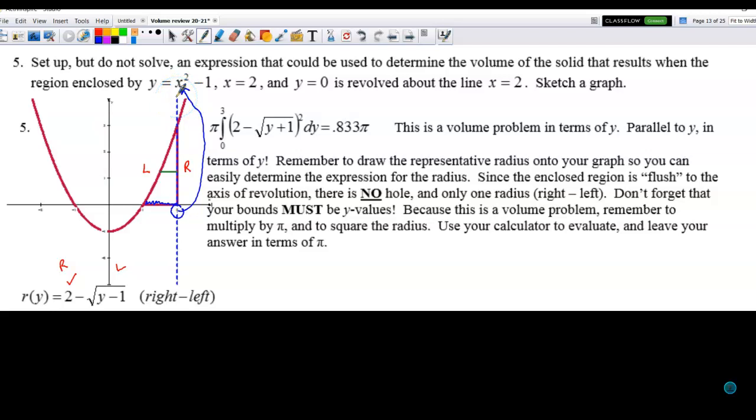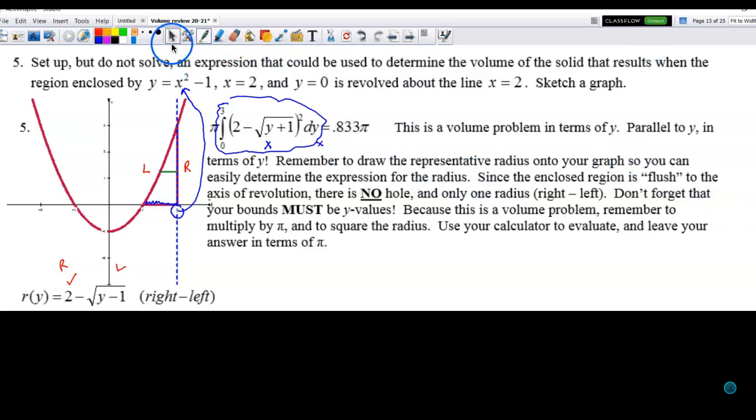So 2 squared is 4, minus 1 is 3, and that's where I got my bound from. And again, the direction said leave your answer in terms of pi, so this is what I'm typing in the calculator. However, wherever I see a y, I'm going to type an x on my calculator, because the calculator is not going to let me type the y in.